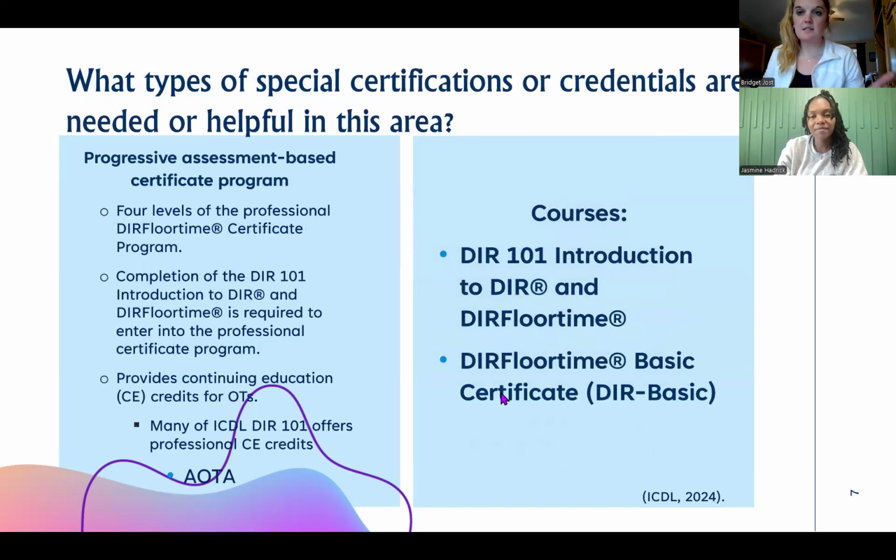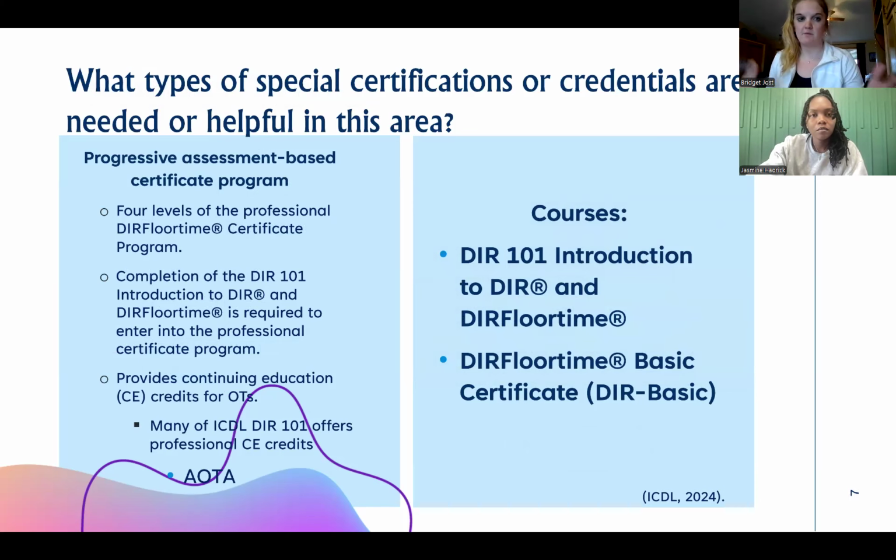Okay. So with the DIR floor time approach, there are different credentials. There are 4 levels of the professional certificate program. Before you begin building your credentials through the program, you need to complete the introductory class, which is DIR 101, Introduction to DIR Floor Time.